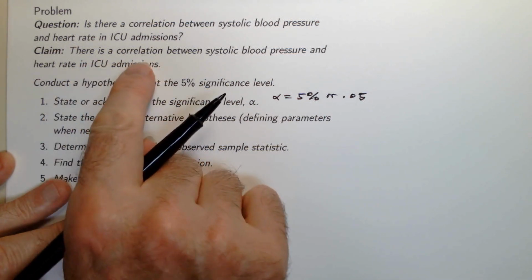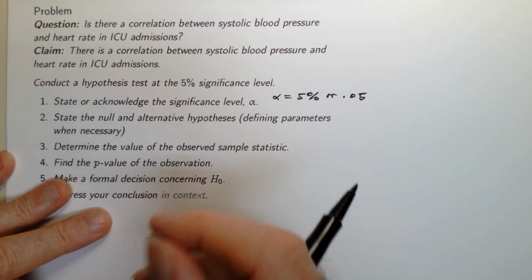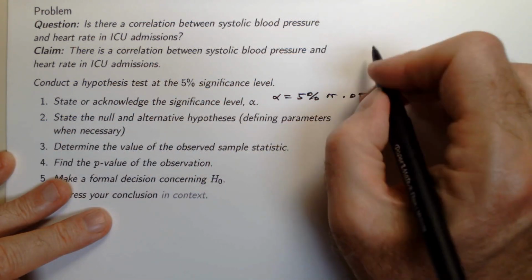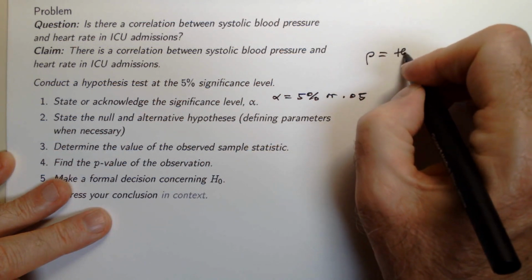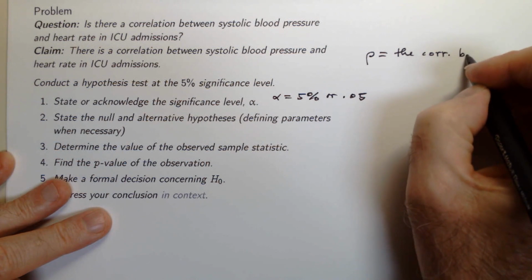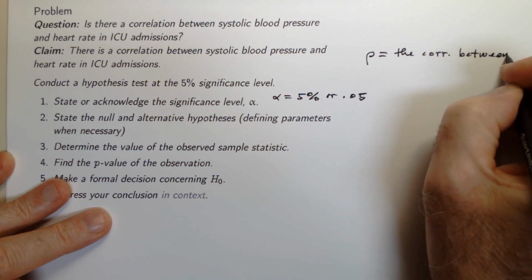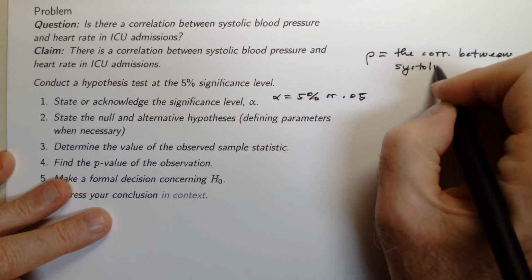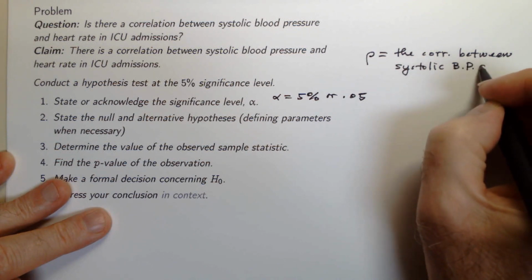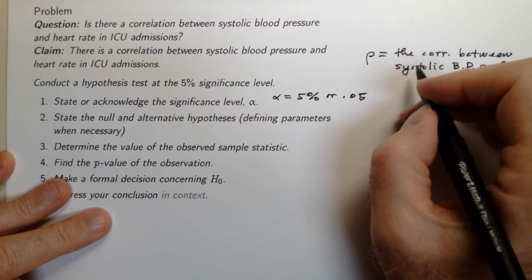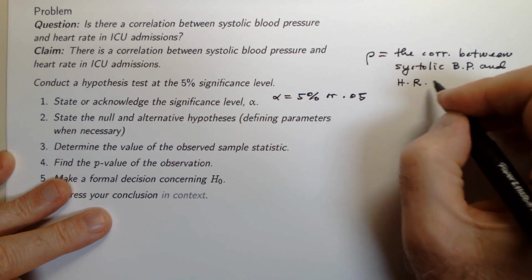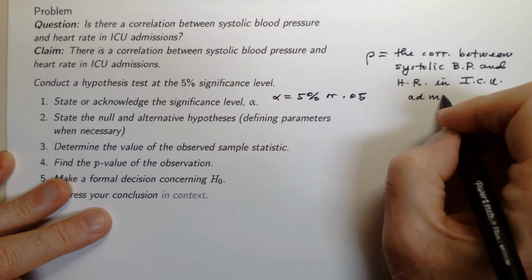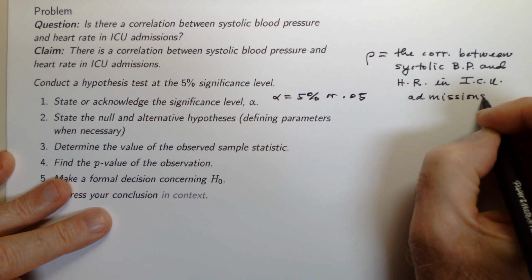Okay, state the null and alternative hypotheses defining parameters when necessary. Now, there's only one parameter that's evident here in this claim, and that's the correlation between systolic blood pressure and heart rate in ICU admissions. So let's define rho as the correlation between systolic blood pressure and heart rate in ICU admissions.